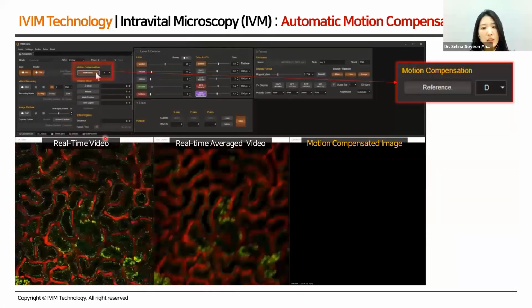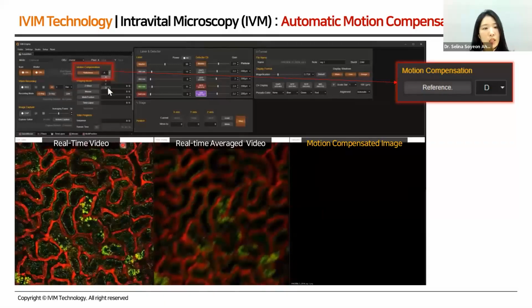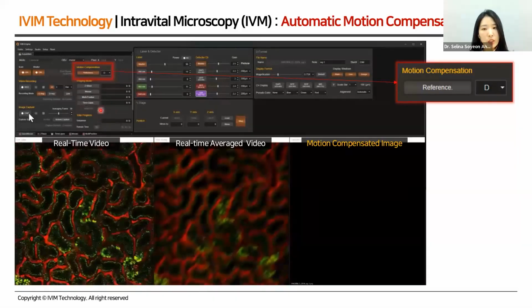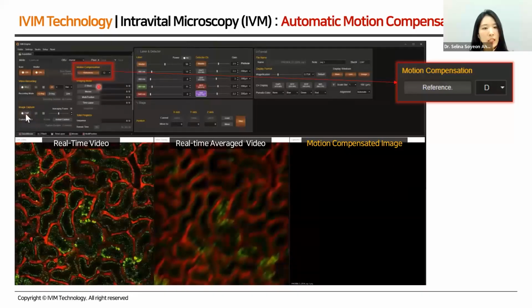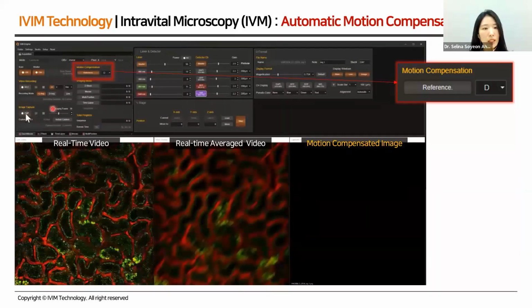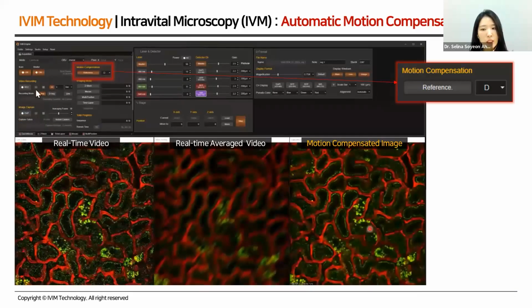So this is the video actually working in the studio software. Just one click for selecting the reference channel for the compensation, activate the motion compensation button, and click capture. Then we can directly acquire the compensated result in the display window right away.